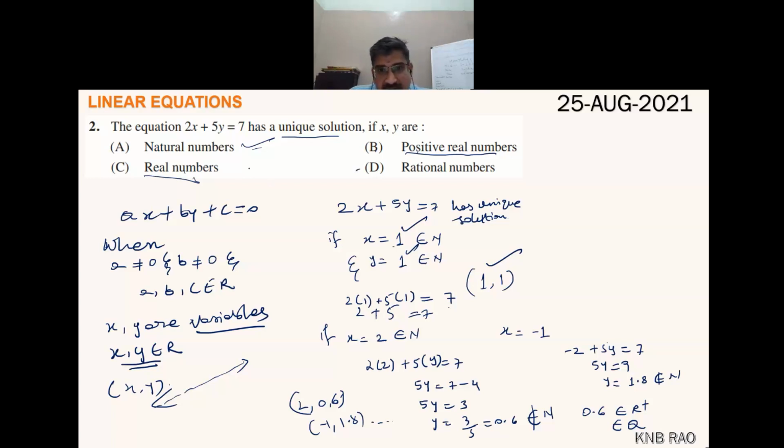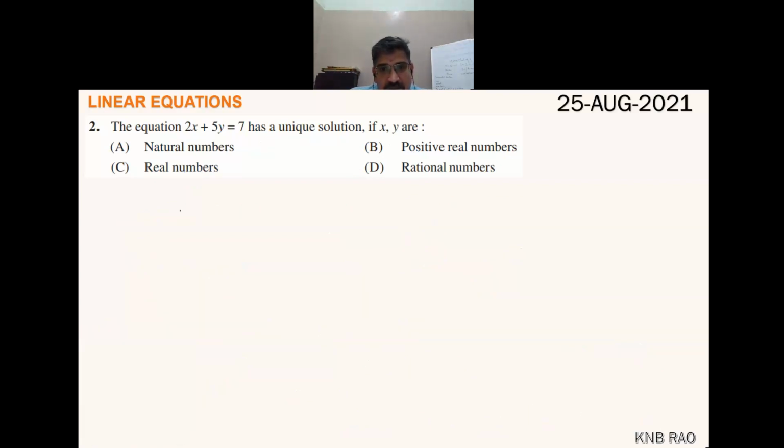So automatically when I consider B, C, or D, I will have infinitely many solutions. But only when I consider x as 1 and y as 1, natural numbers, only 1 comma 1 will satisfy this equation.